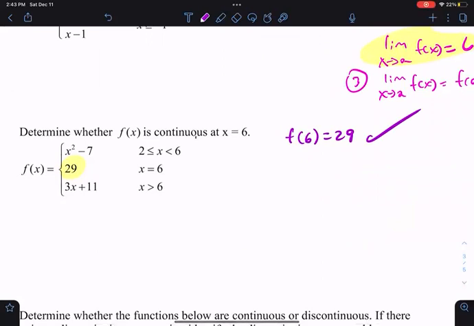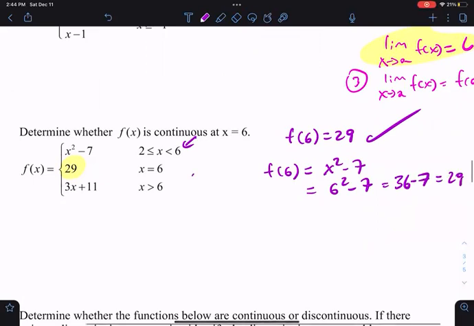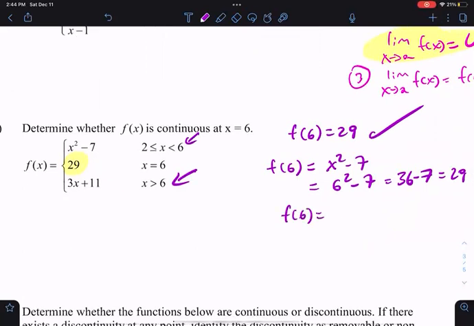So to the left of 6, I have to use the first one. So if I plug 6 into x squared minus 7, you get 36 minus 7, which is 29. So that will be the limit from the left. Now, if I do from the right, that should be 3 times 6 plus 11. That's 18 plus 11. That's 39. I'm sorry, 29 as well.